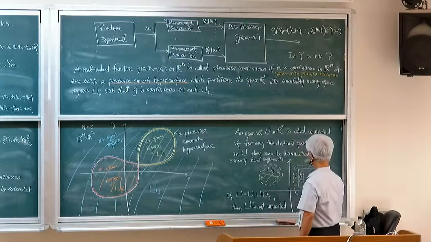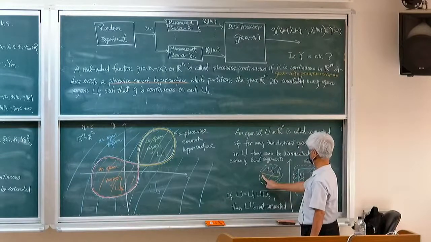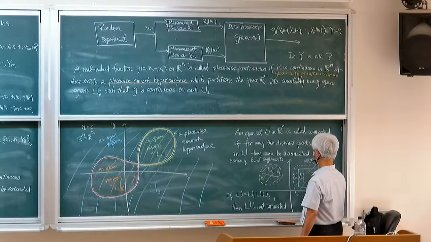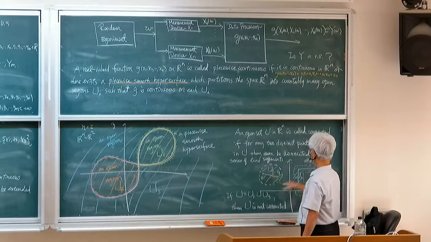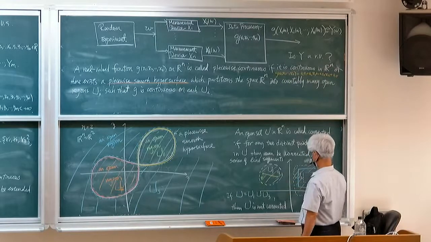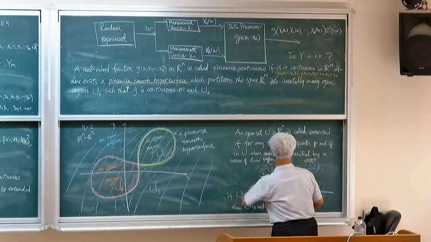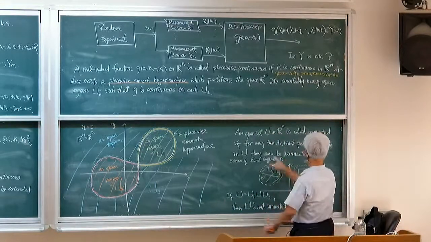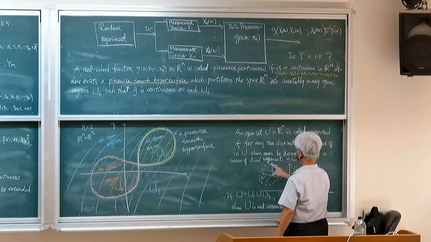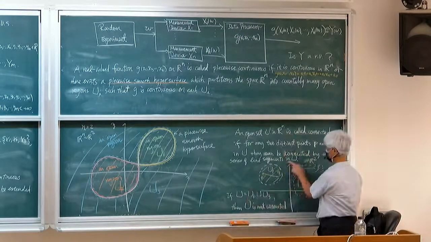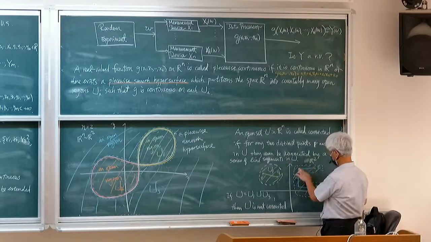Why? Because if I have a point here and another point here, then you cannot have a line segment to connect them by a series of line segments in U. I forgot to put that, so please add in U, because the line segments should be contained in U.